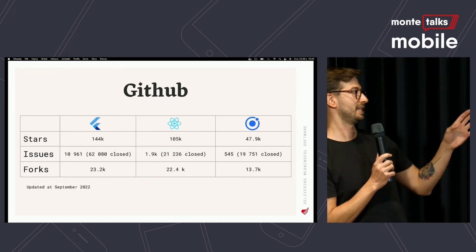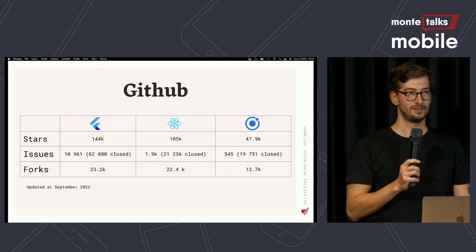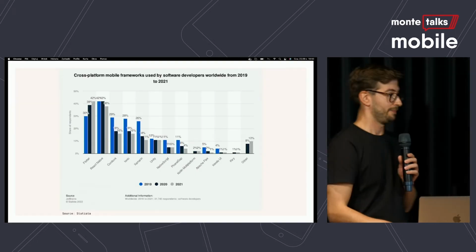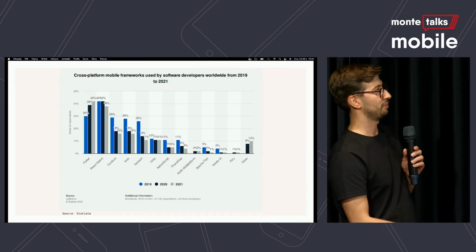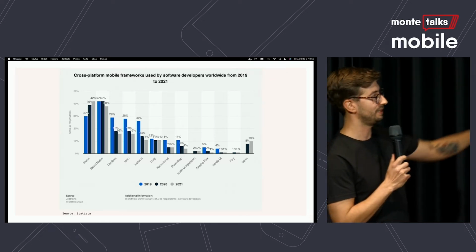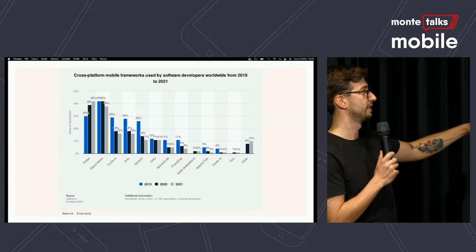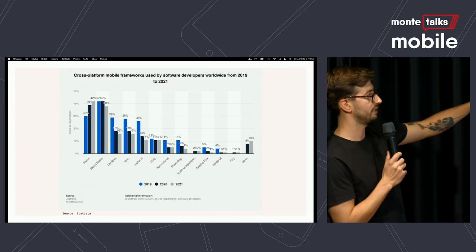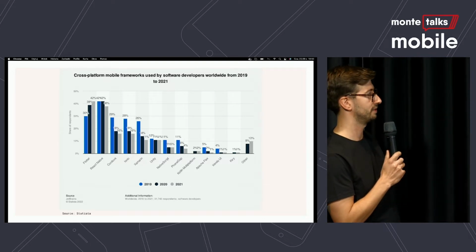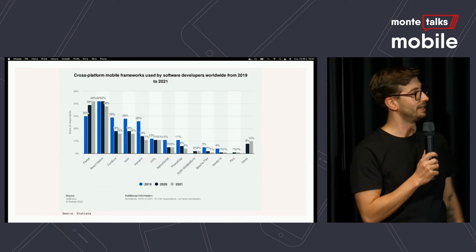Maybe Ionic has fewer issues right now, but it might be a result of the popularity of Ionic these days. Yeah, and a bit about popularity. We have numbers that show how popularity changed over the last 3 years. If we take a look, in 2019 React Native was the most popular, and Flutter and Ionic were almost the same.